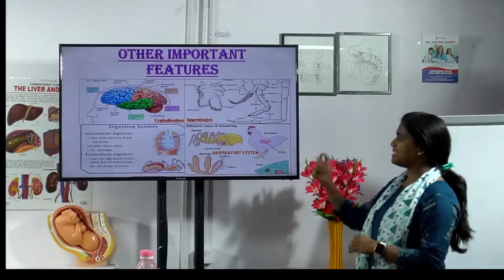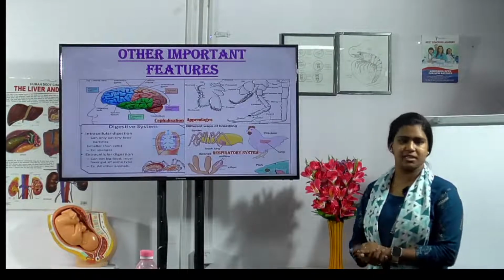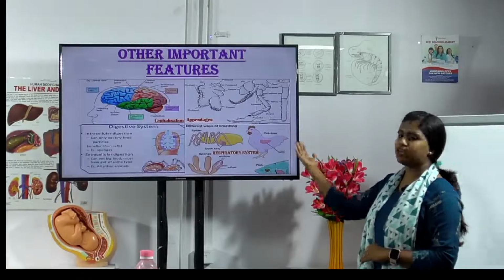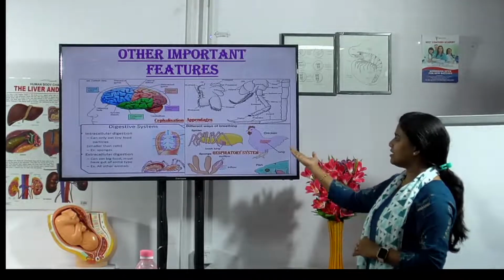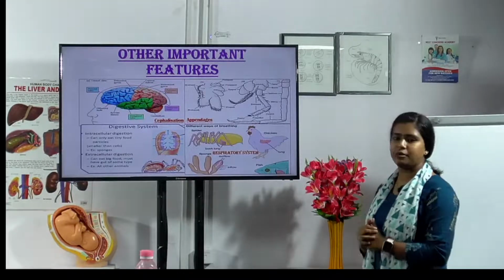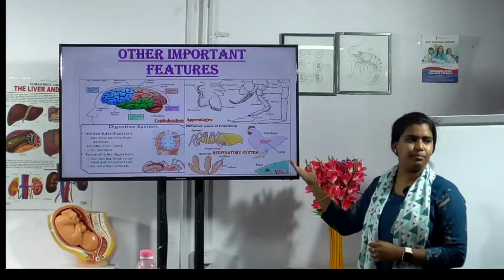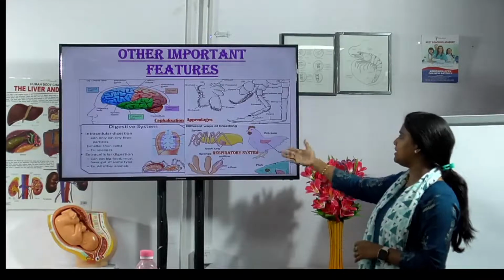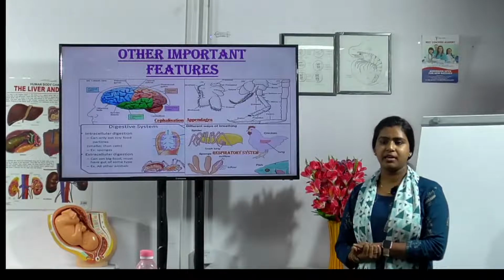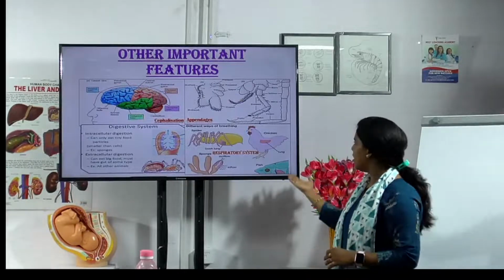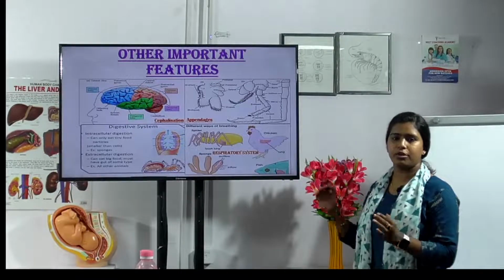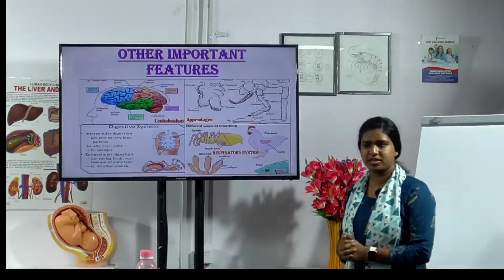Then the digestive system. We know digestion, and that is divided into intracellular and extracellular. Intracellular can eat only tiny food particles, whereas in extracellular we can eat big foods, big size. Respiratory means breathing; various forms of respiration are there.